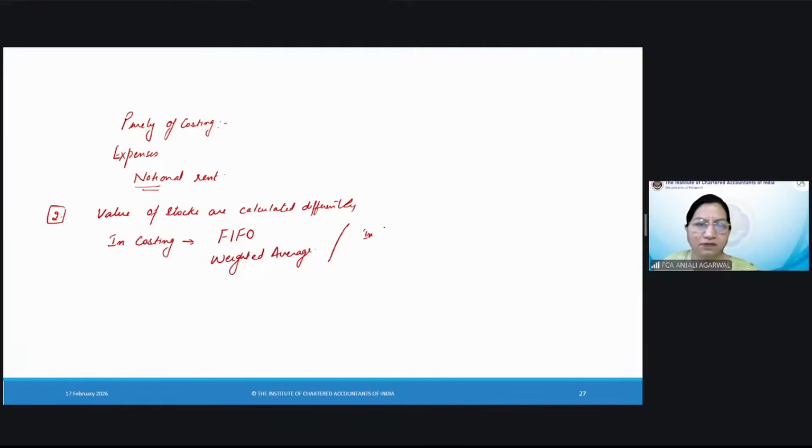Therefore, the stocks may be overvalued or undervalued. So another difference that erupts is because of the difference in the way we value the stocks. Whatever is closing stock becomes the opening stock for the next period. So therefore there is a difference.